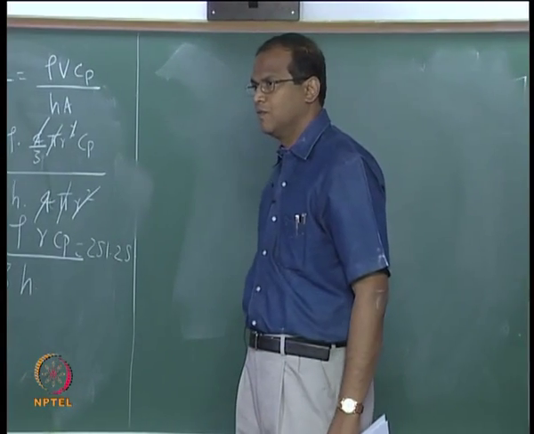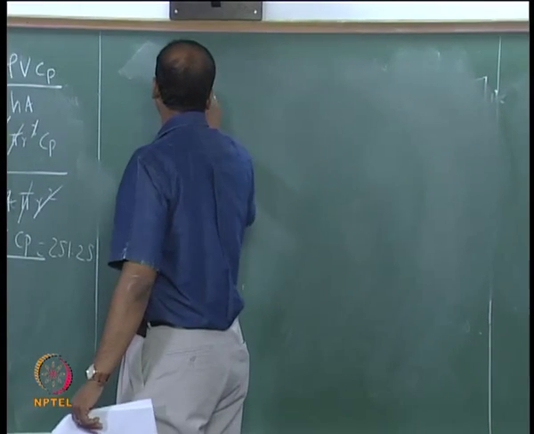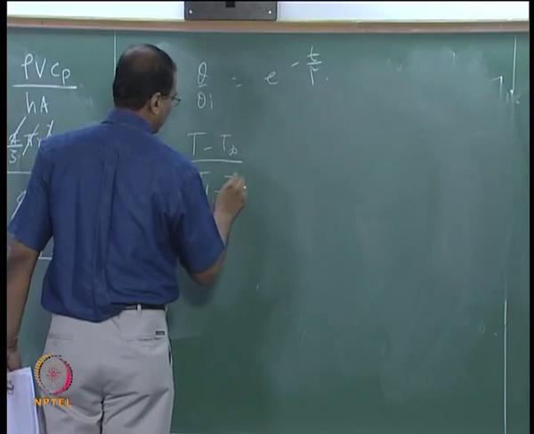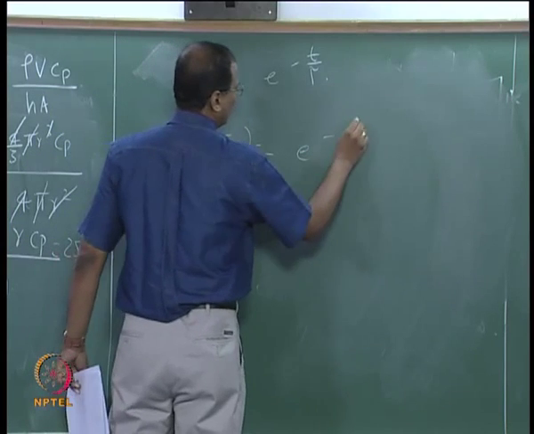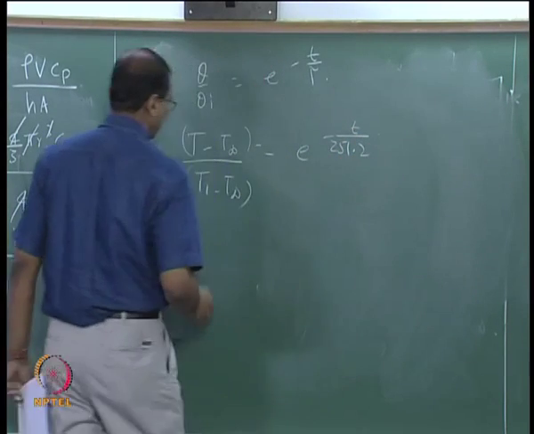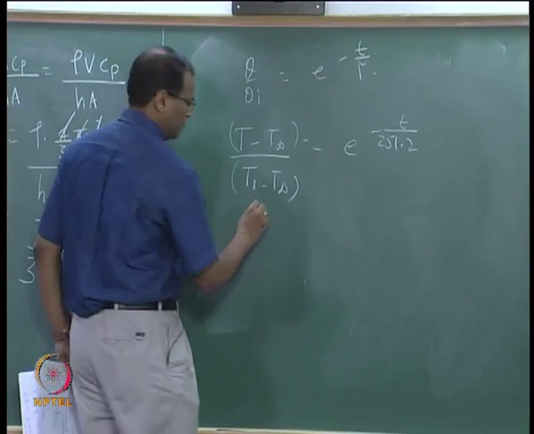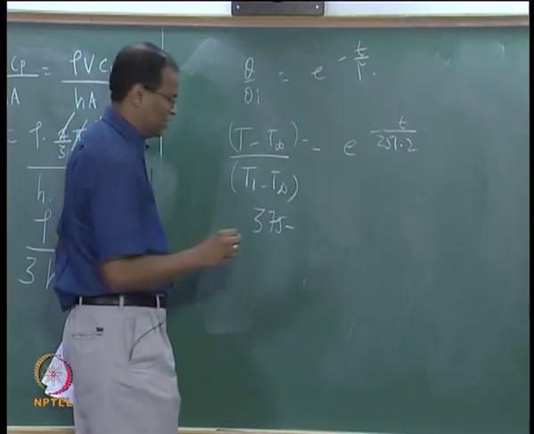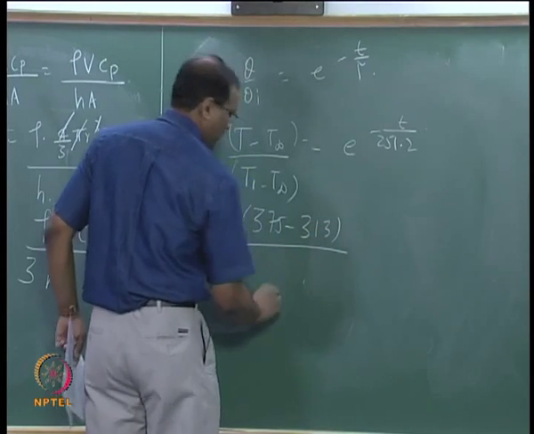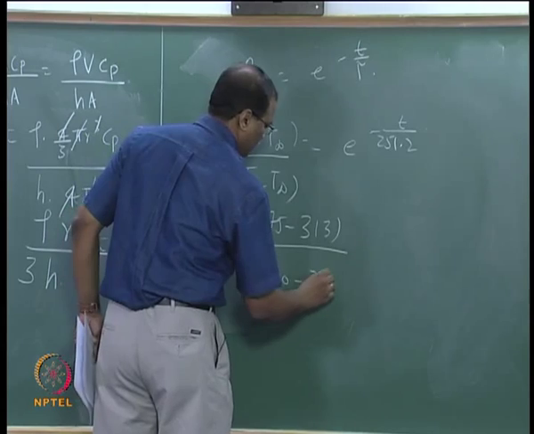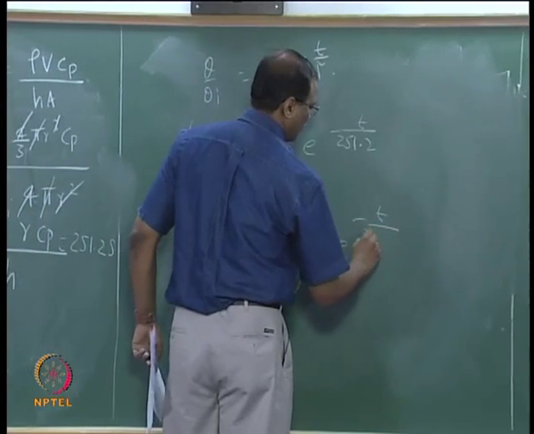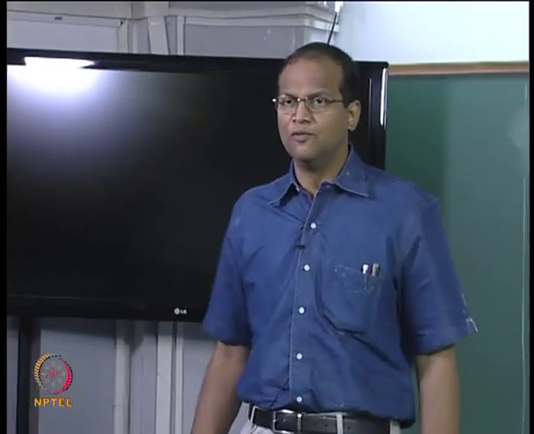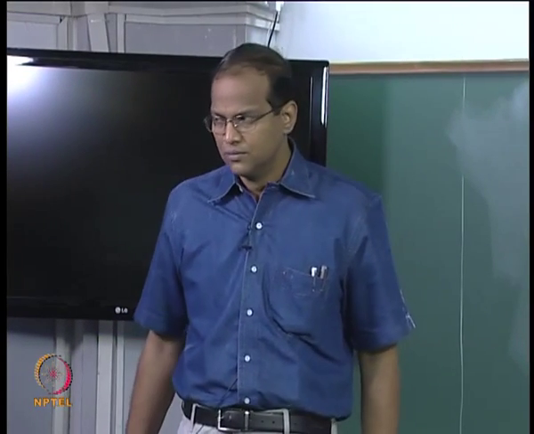Okay. So theta by theta I, it must get cooled to 375. 313, correct. 1200 minus... So take ln on both sides on the calculator, multiply by 251 and you will get some decent time. 700 seconds, 800 seconds, how much is it? 668.